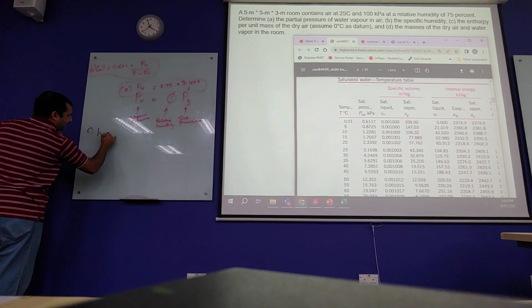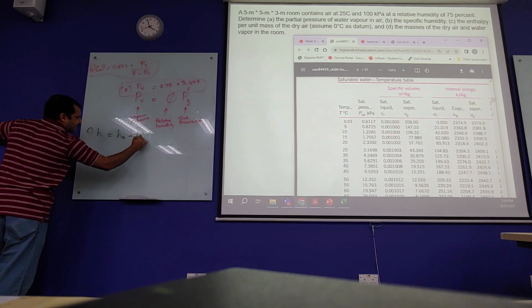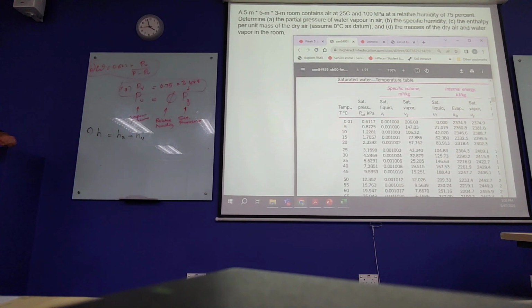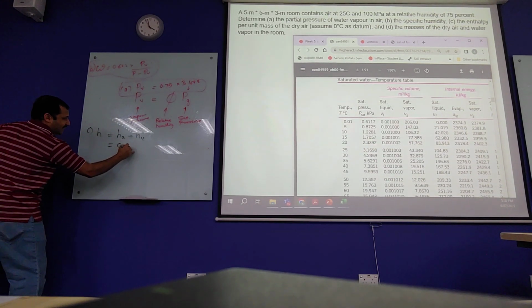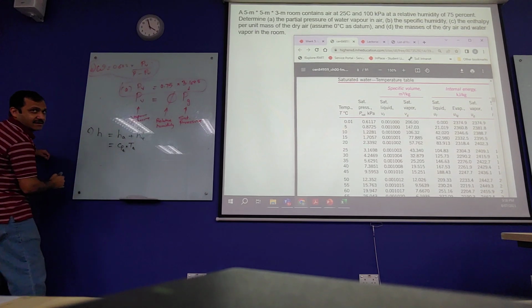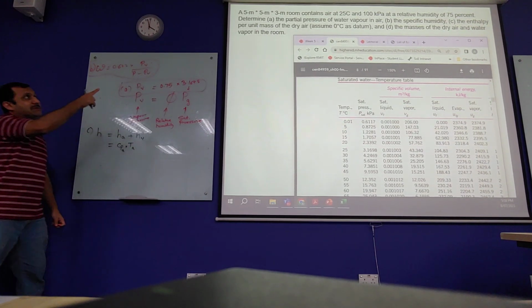Specific enthalpy will be equal to enthalpy of air plus specific enthalpy of water vapor. And the question is saying in the bracket to assume 0 degrees as datum. We had written that equation as Cp of air times temperature of air. Temperature not in kelvins, in degrees Celsius, because datum is 0.